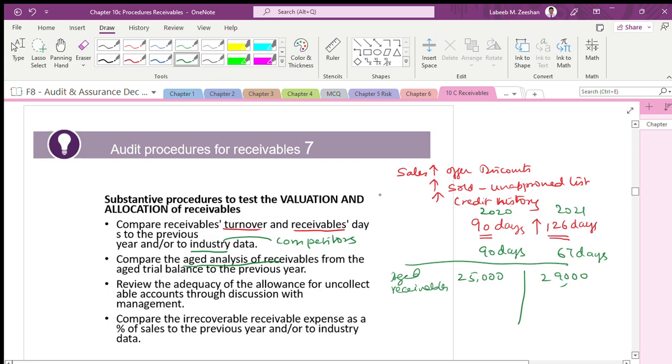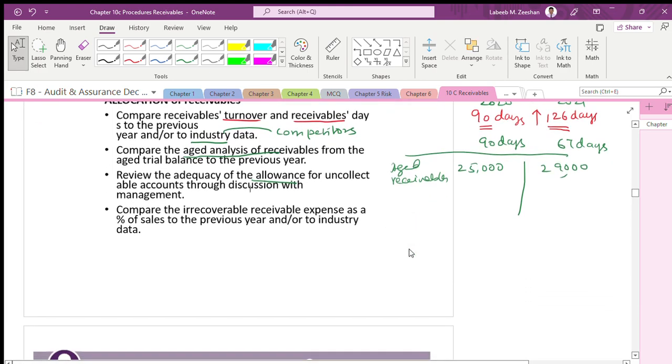Review the adequacy of allowances. That's very important. See what happens: you have the receivables for 2020 and 2021.